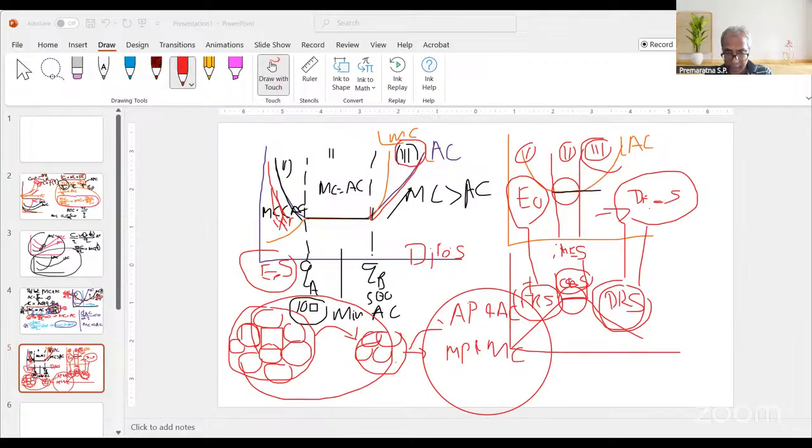Now, the company experiences economies of scale on this part, and on the other part, diseconomies of scale. You can see the increasing economies of scale on this side, and the minimum point is the minimum efficient scale. That's what happens. These are the things I explained: economies of scale due to external and internal economies of scale.